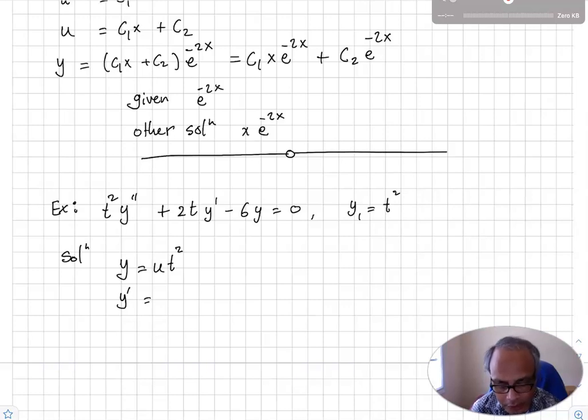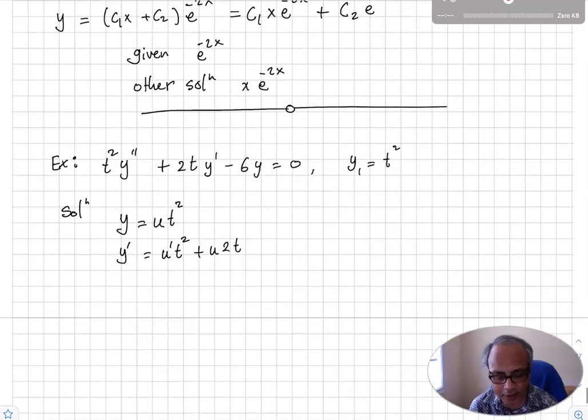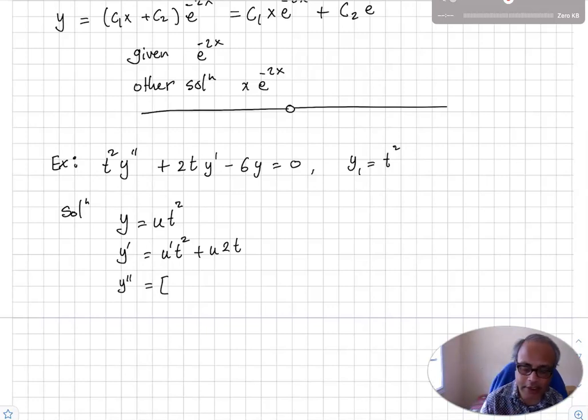So you use the product rule, u prime t square plus u times derivative of second factor is 2t. So now when you calculate second derivative of y, you have two terms. So again you apply the product rule.